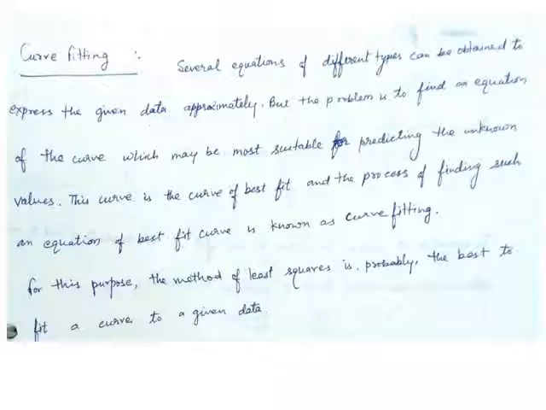It means if we plot those values on a graph paper, we try to connect most of the points in a way to get a curve which is known as the best fit. The best fit curve may or may not pass through all the given points, but it will pass through most of the points or nearest to them.